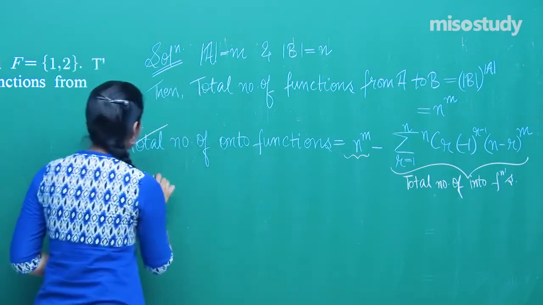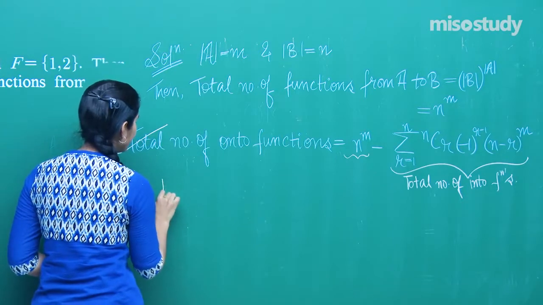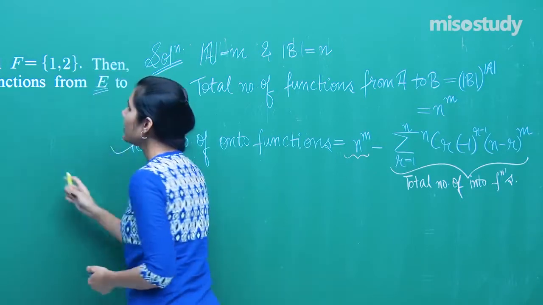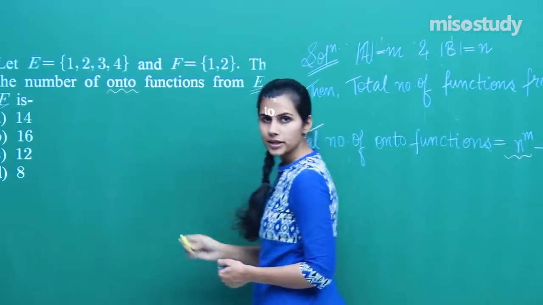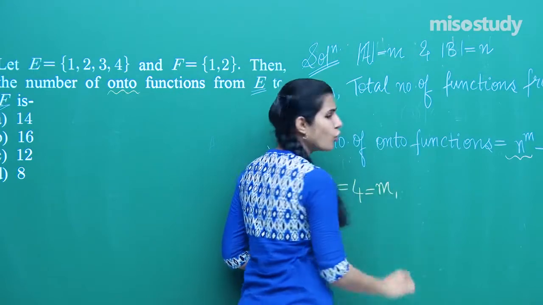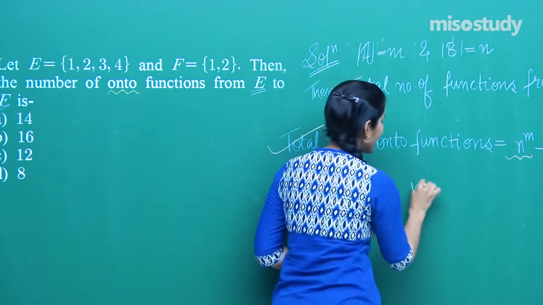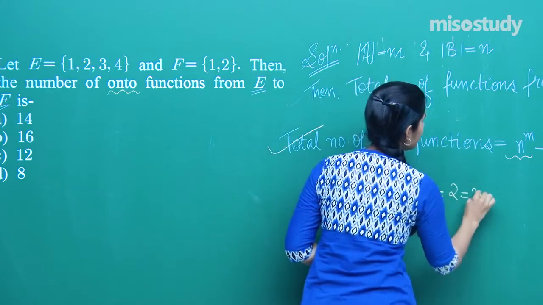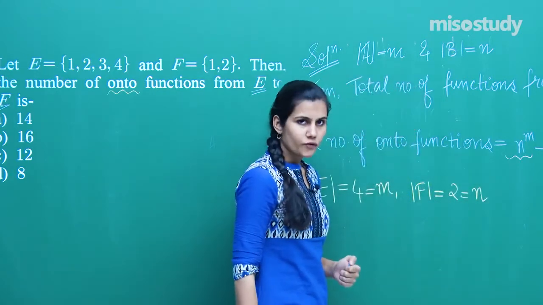Here, the role of A is being played by the set E, and set E has how many members? 4 members. So, cardinality of E is 4, which is playing the role of m, and cardinality of F is 2, which is playing the role of n.